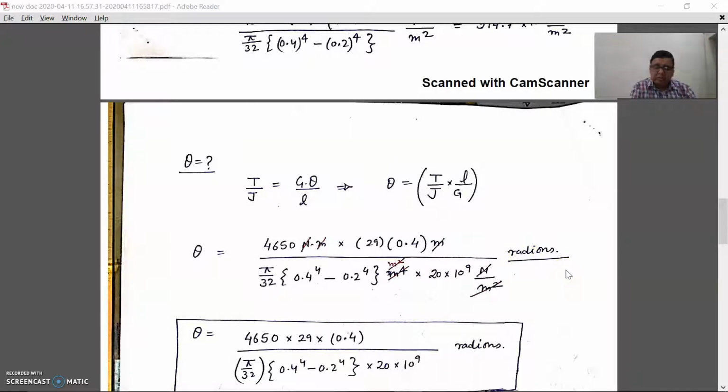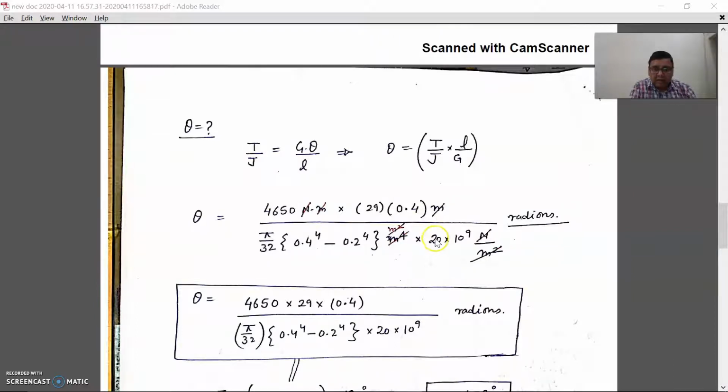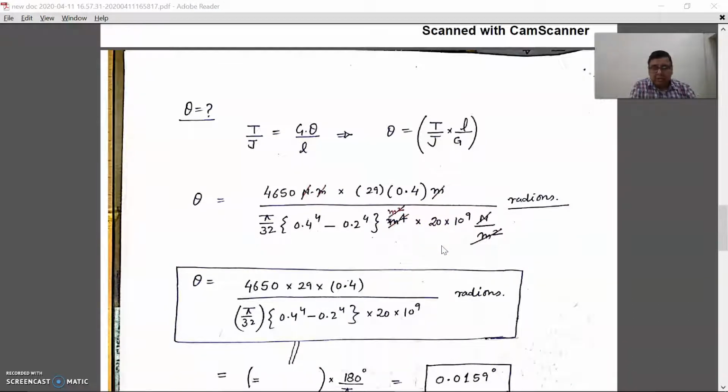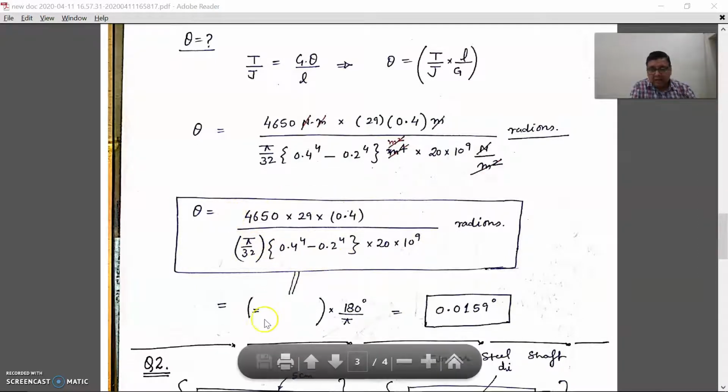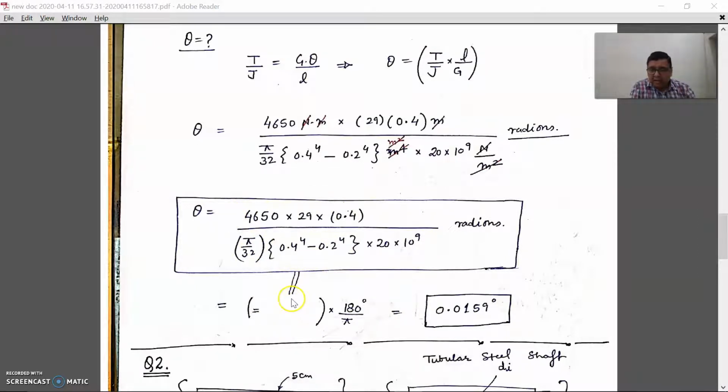So very easily we'll get the answer. Please mind it, this 20 will not be there, it is 82 as given in the question, right? So then you'll get the value of theta, but this value will come into radian.